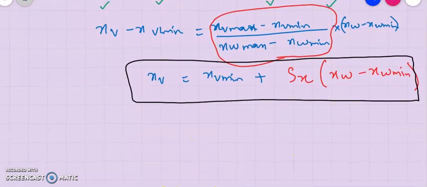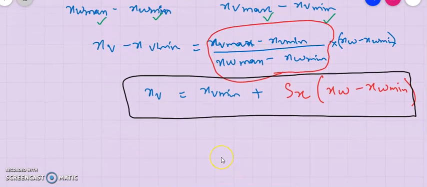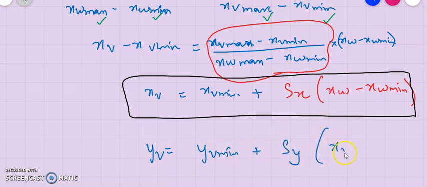Now similarly, can we calculate YV using the same equation? Yes. So I will write down YV directly: YV is equal to YV minimum plus SY into YW minus YW minimum, right?